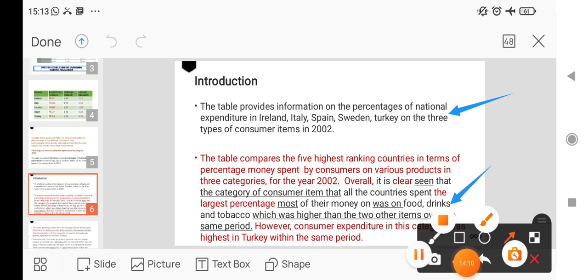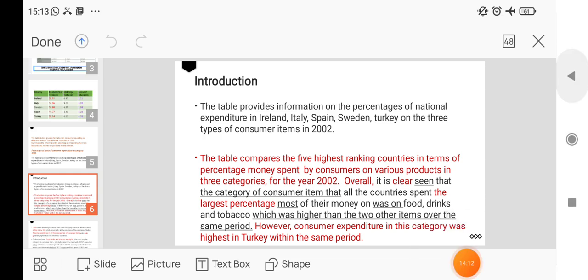So, overall it is clear that all the countries spent the largest percentage of their money on food, drinks, and tobacco.